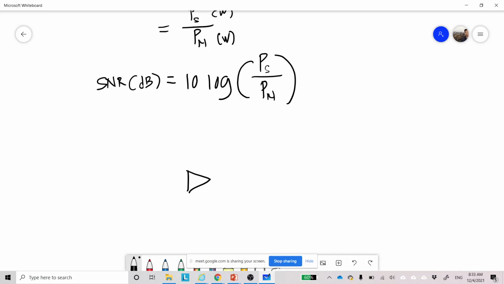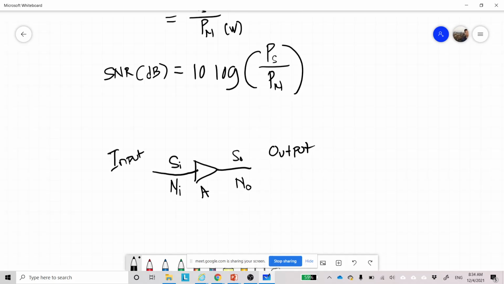As we have learned last week, if we see the amplifier, for example, it has the input side and also the output side. At the input side we have the input signal Si and also the input noise, whereas the amplifier has a gain of A. At the output side we also have the output signal and the output noise.